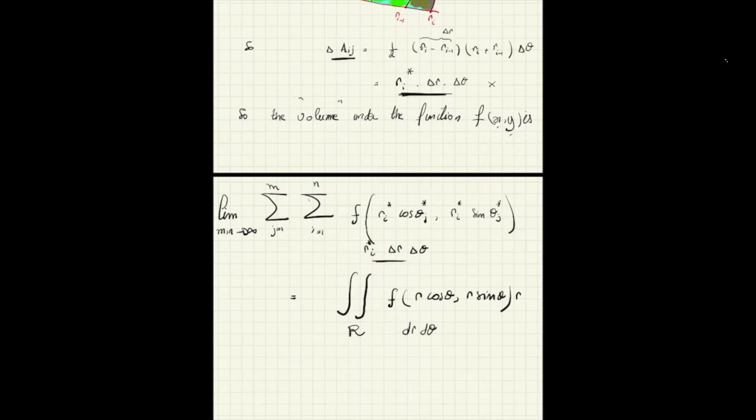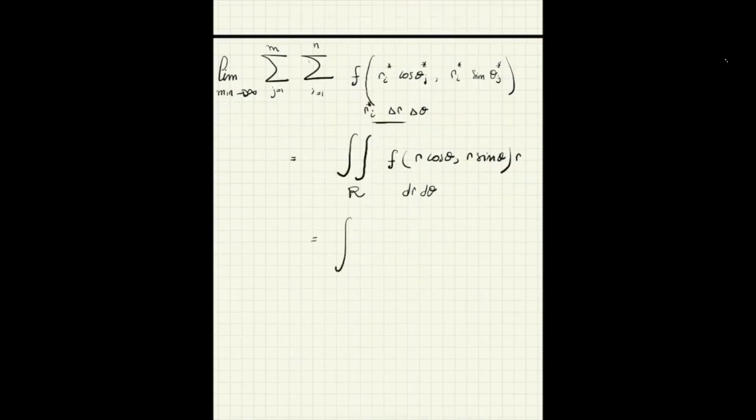And here, r and theta will be on the rectangle, so between a and b and alpha and beta, right? f of r cos theta, r sin theta, r, then dr d theta, right? So that's the change of variable.